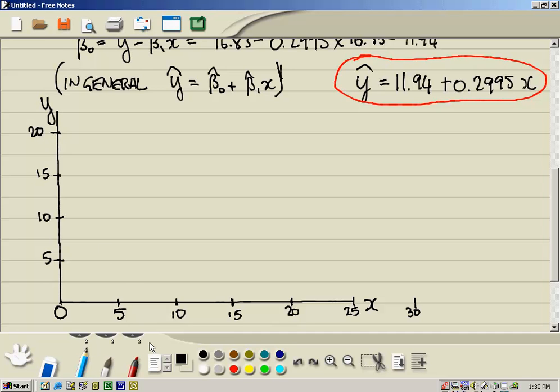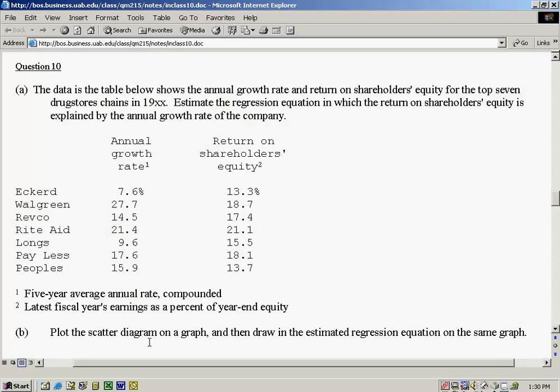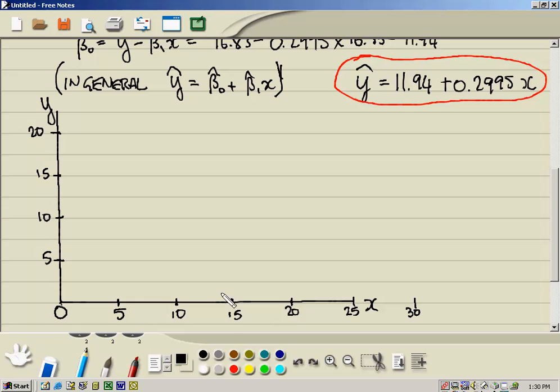Okay, now let's plot those points. This will be a little rough, but we'll do it by hand, just like you would on a piece of paper. First point, 7.6, 13.3. So 7.6 is around here, 13.3 will be around here.